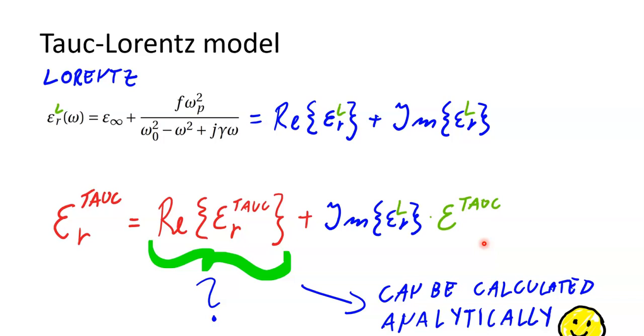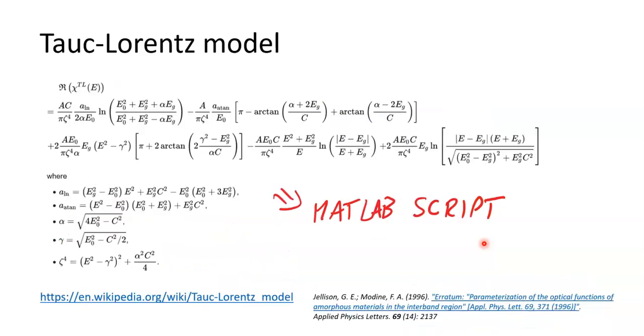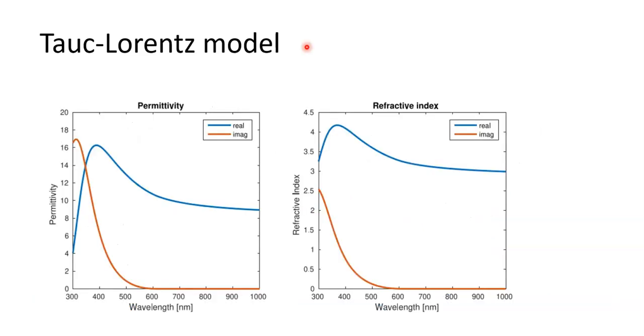The good news is that this evaluation can be done analytically. The bad news is that it can be only performed for certain Tauc functions, and the result is really complicated. This function is anyway given as a MATLAB script in the lecture notes.